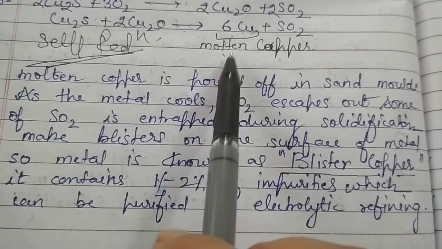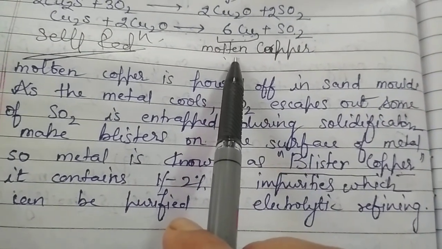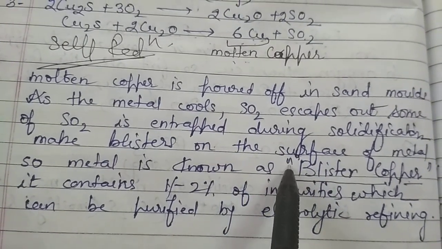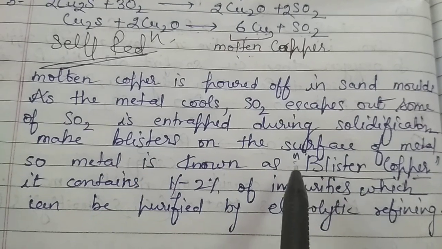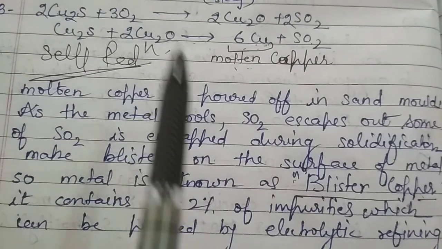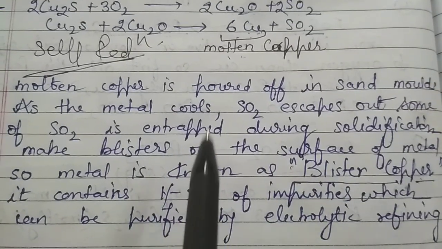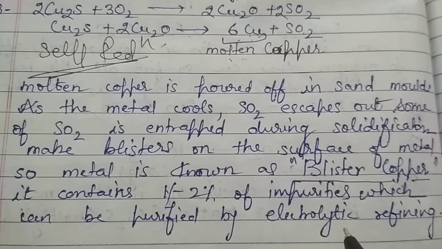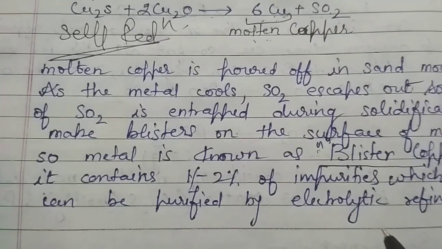So from the molten copper we obtain blister copper, which has 1 to 2% of impurities, the rest, 98 to 99%, being pure copper by this extraction process, and that can be purified or refined by the electrolytic refining method that we will discuss at last.